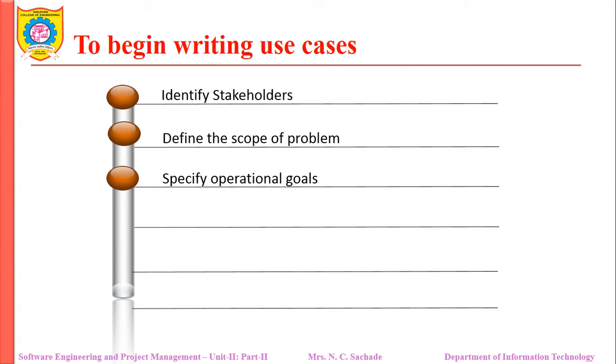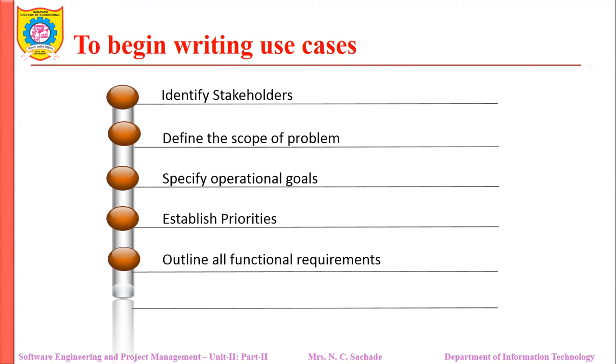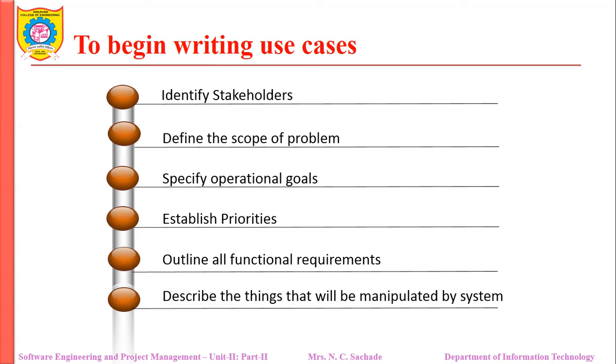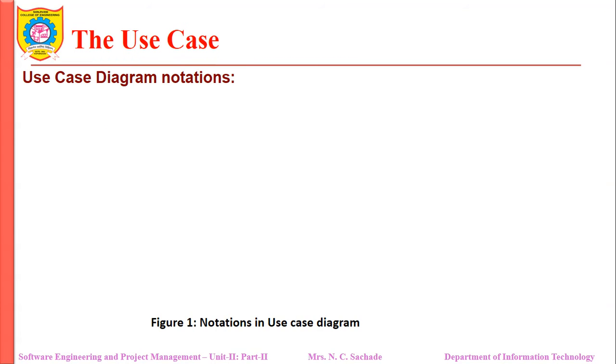Our goal is to set my home secure with the help of this alarm facility. So we are specifying the operational goals. The next is establishing priorities. The next is outlining all functional requirements, and then we describe the things that will be manipulated by the system. Once you are ready with all of these, you can start drawing the use case diagrams.